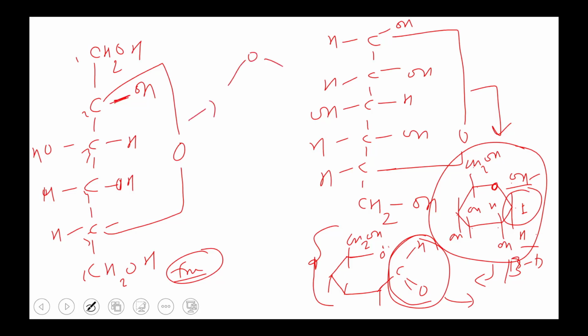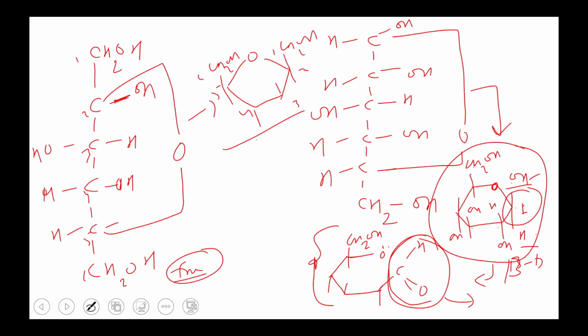It becomes a furanose ring, and in case of glucose, that becomes a pyranose ring. This is 2OH, here 2OH. So this is the first carbon, second, third, fourth, fifth, sixth carbon. This is the furanose ring. So this is also fructose, cyclic fructose form.